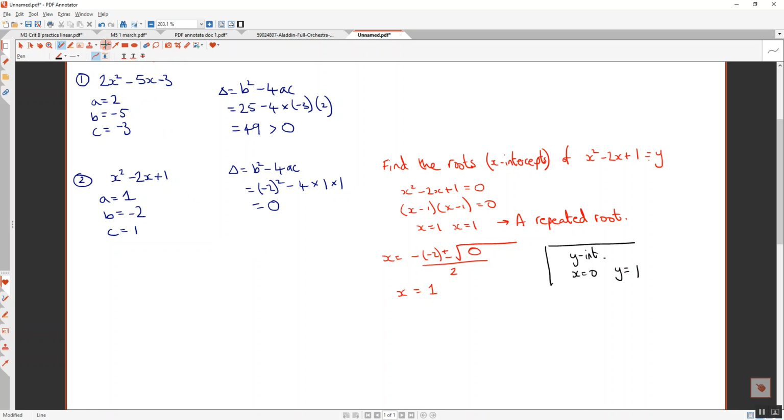So if I was going to draw this, it's going to look something like, my steady hand, so it's going to go through 0, 1. It's also going to go through 1, 0. Yes? So my curve is going to go. Wait, how is that inverse wrong?